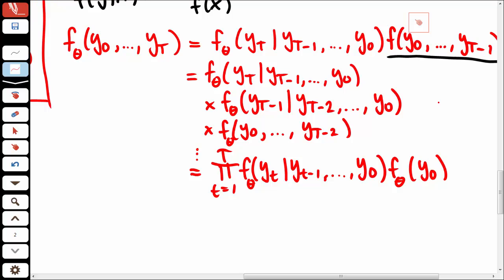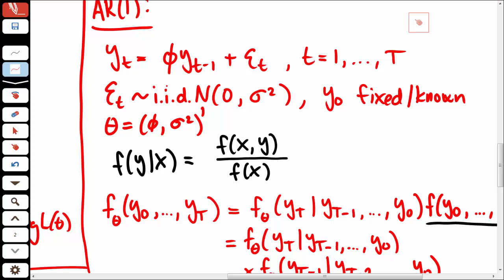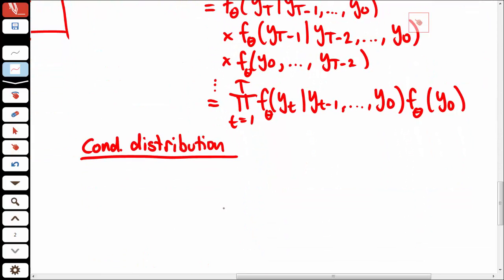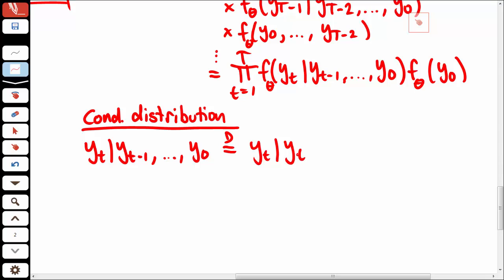Next we want to find an explicit expression for these densities, and in order to do that we will use some properties of the model. Note that due to the structure of the model, y_t only depends on y_{t-1}. It means that the conditional distribution of y_t given the previous values is the same as the conditional distribution of y_t given y_{t-1}.